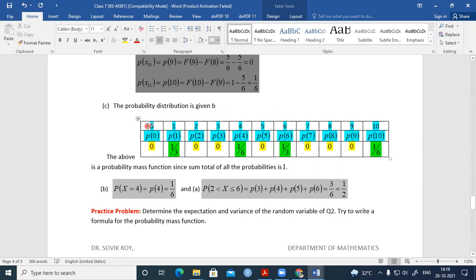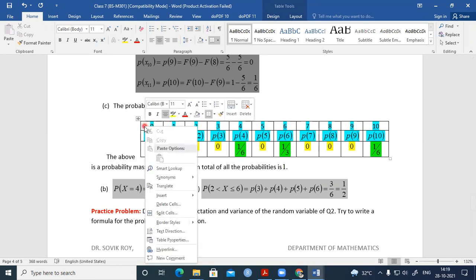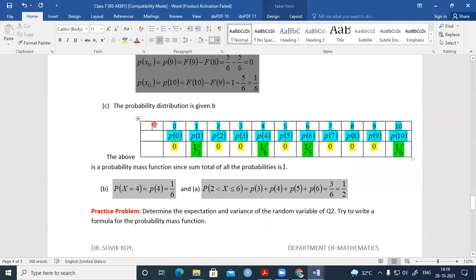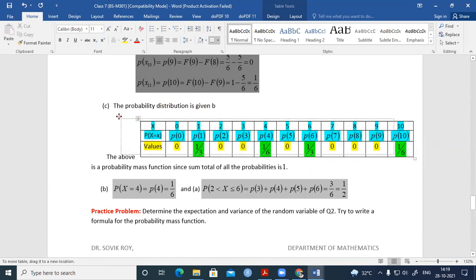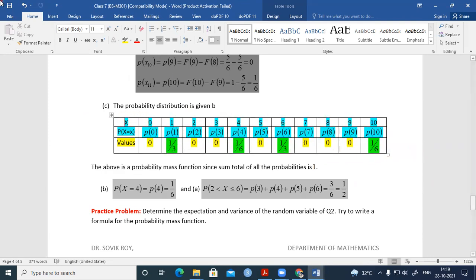So these are the values of x, the values of the random variable, and these are the values of the probabilities. Once you write all these things, that means you have completed your distribution chart altogether, showing the values and the respective probabilities.